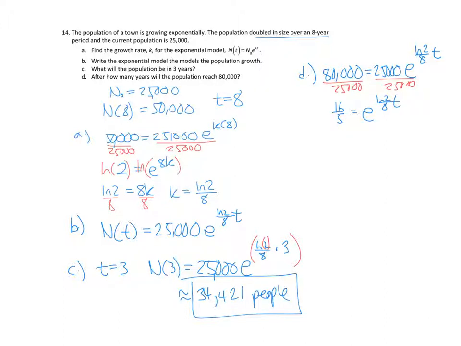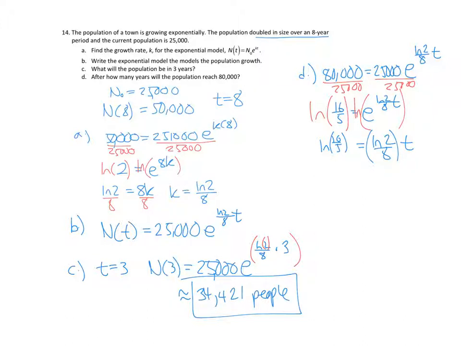And now that we've isolated the exponential, we take the natural log of both sides, and we get natural log of 16 over 5 equals natural log of 2 over 8 t. And to solve for t, we're going to divide both sides by the natural log of 2 over 8.